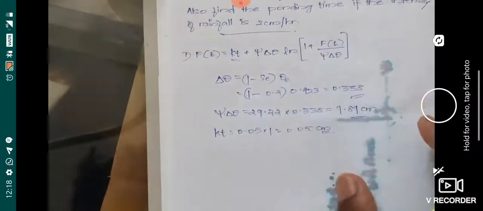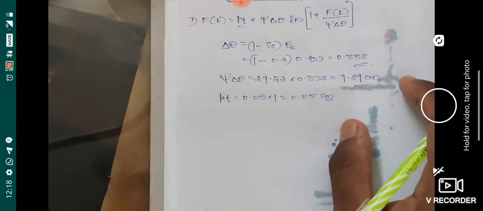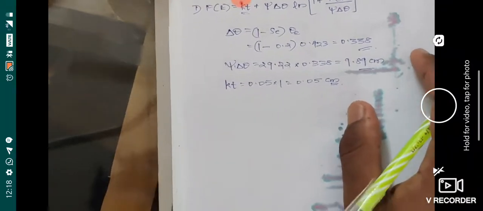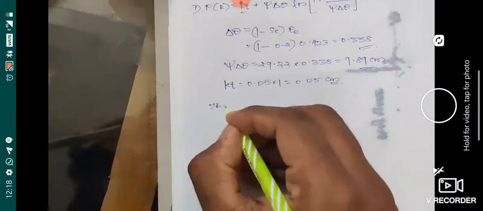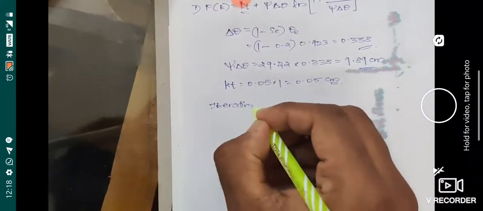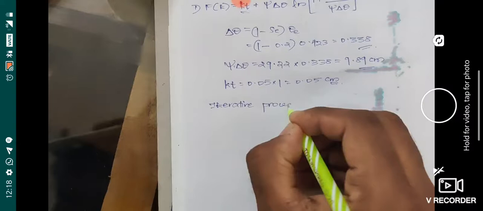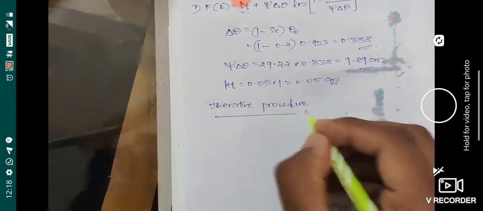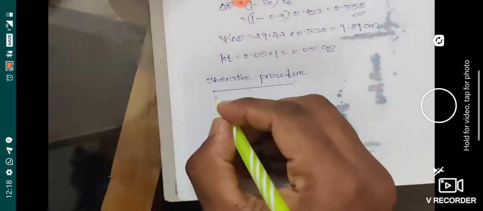Now as I have said, you cannot solve this directly. You have to go for an iteration technique, an iterative procedure. If you remember some numerical method, you can go for that. If you don't remember, you can go for the trial and error method.